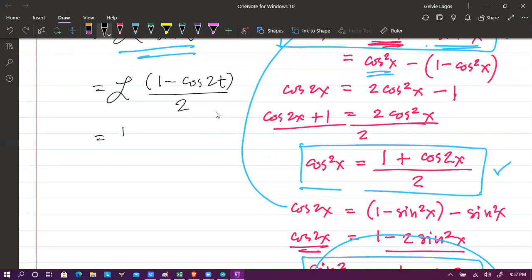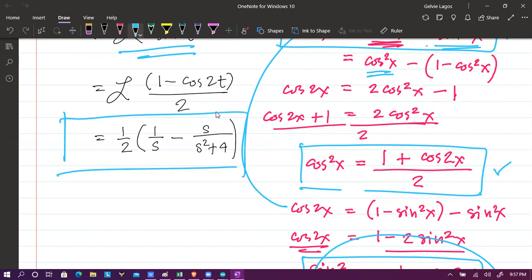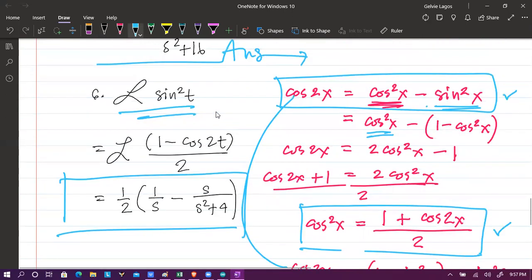Before that, we take out 1/2 and take the Laplace transform of 1, which is 1 over s, minus the Laplace transform of cosine 2t, which is s all over s squared plus 4. So this is your final answer. This is not difficult. This is actually easy if you know how to manipulate trigonometric identities.